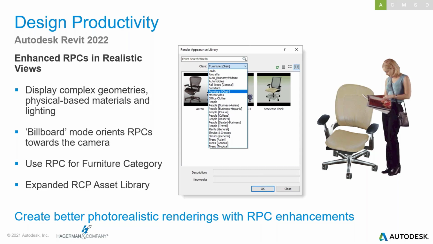Additional features include a simplified representation of RPCs and non-rendered views. There's support for the furniture category in the family editor and an expanded library of rendering assets, including people, transportation, and furniture. So this will allow you to create better photorealistic renderings with these new RPC enhancements.